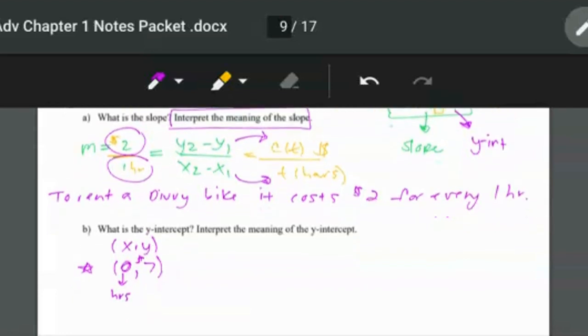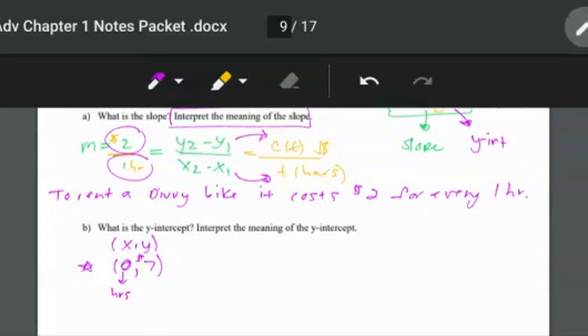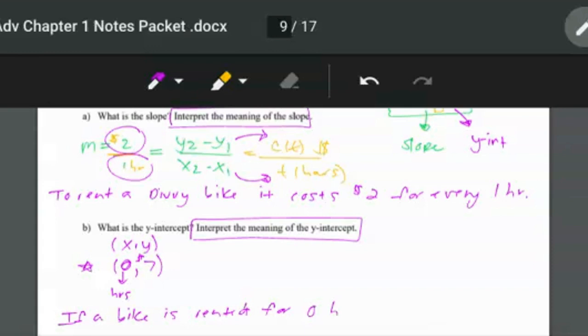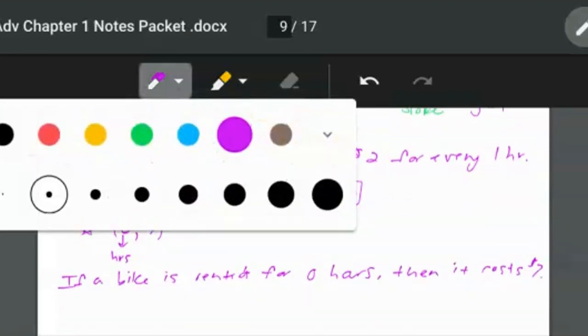You can write it however you want. Probably the easiest way, if you use this point, you can say, if a bike is rented for 0 hours, then it costs $7. You could write it like that, or you could write something that makes a little more sense.